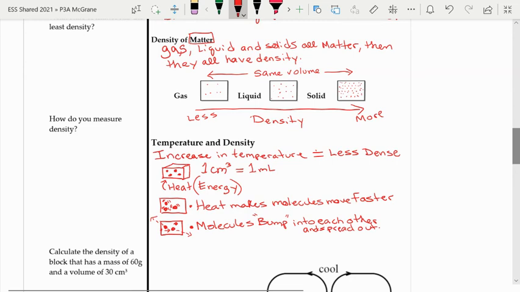Okay. So now when we look at our cubic centimeter or our object, whatever it is, in that same space, now there are less molecules. Less molecules occupy the same space or volume.